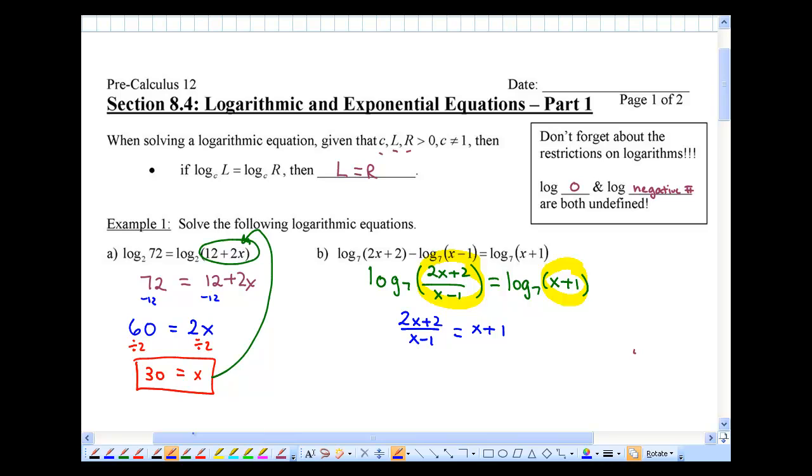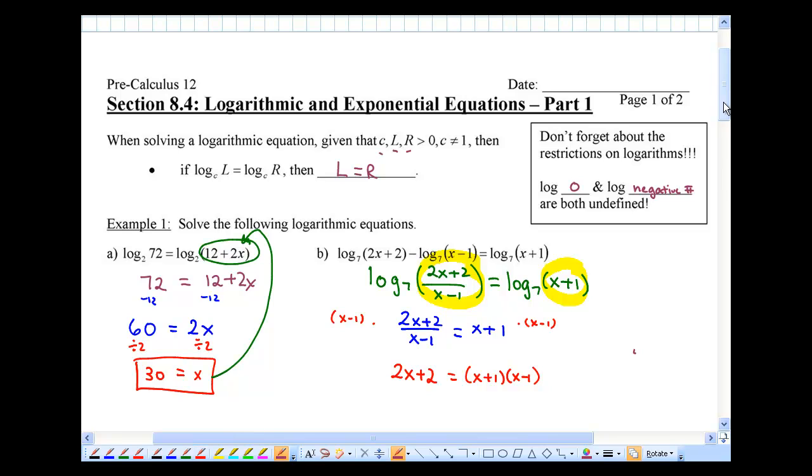You can either cross multiply or whatever you wish, but go ahead now and solve. I'm going to multiply both sides by x minus 1. So now we have 2x plus 2 on the left side, and on the right-hand side we have x plus 1 times x minus 1. Go ahead now and distribute and try to simplify.